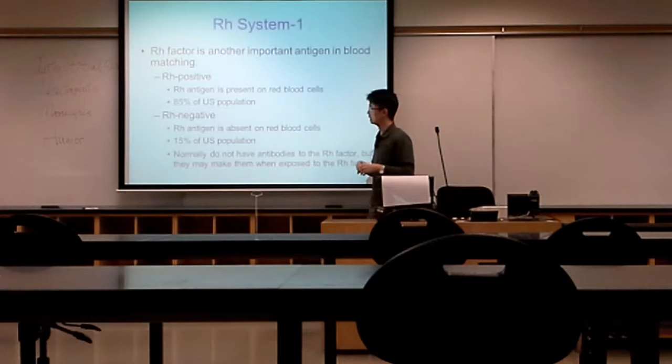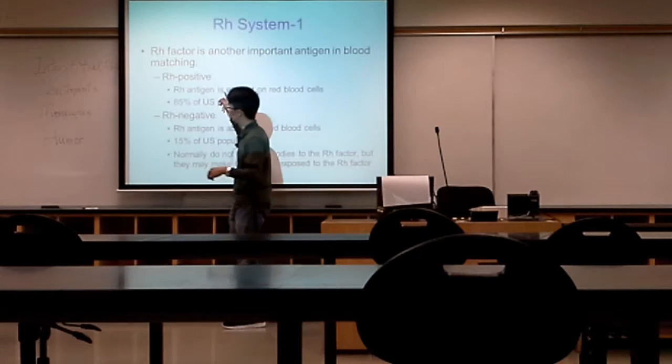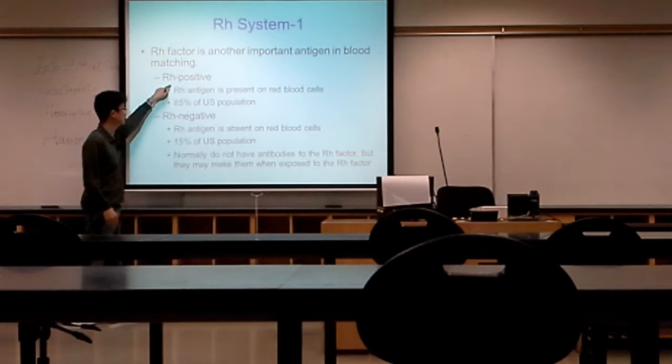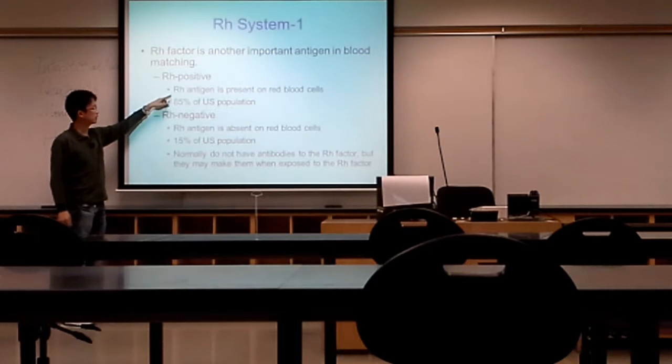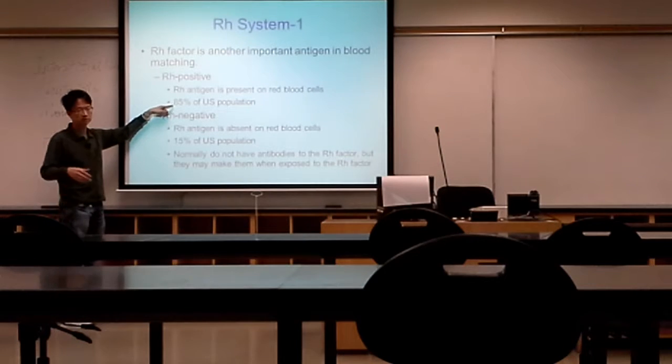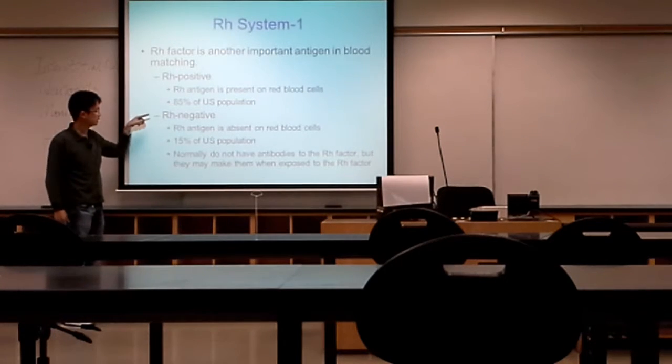Rh positive is the dominant trait. That means the antigen is present on the red blood cell. 85% of the US population are positive, which means most of us here. Rh negative means that the red blood cells do not have the Rh antigen. Only 15% of the population.